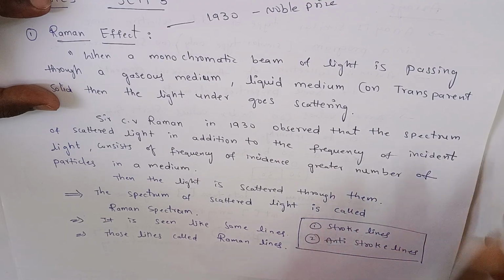Stokes lines are of lower frequency, anti-Stokes lines are of higher frequency.